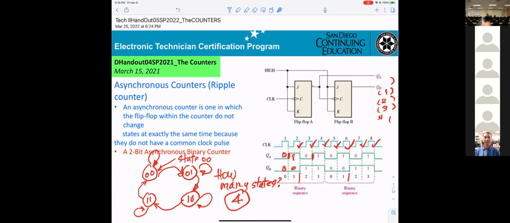And if you have one more flip-flop, then the output of the second flip-flop will be connected to the clock of the next one. That keeps going. That's what they call ripple.